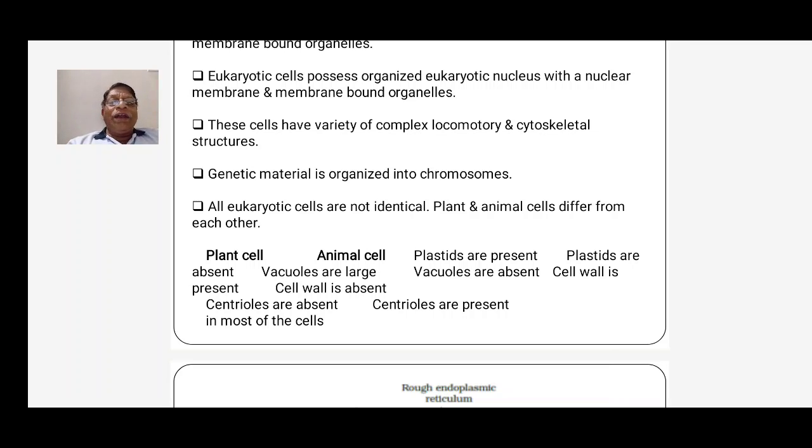In the eukaryotic cell, the genetic material is organized into what is known as the chromosome.